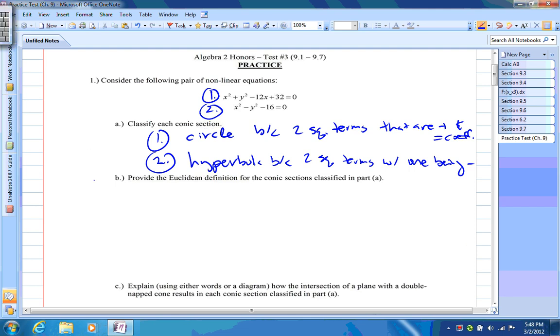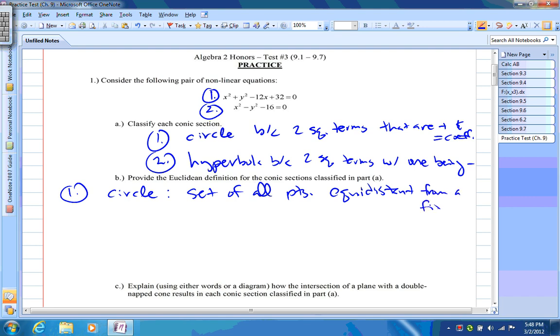So we'll provide a Euclidean definition. For a circle, that should be pretty easy. Set of all points equidistant from a fixed point.